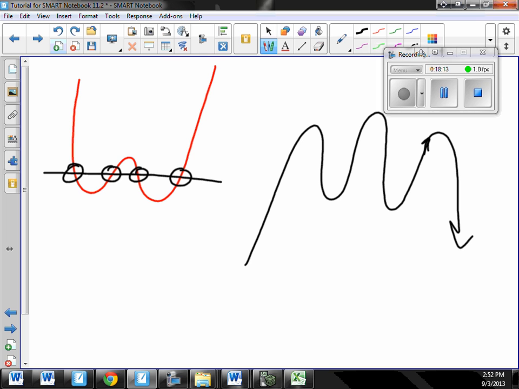Okay? Now, this one could have 1, 2, 3, 4, 5, 6 roots. But does that mean it's an x to the sixth? No, it could also be x to anything higher than 6 that's also even. So it could be an 8 or a 10 or a 12. Could it be a 4? No, it can't be a 4.